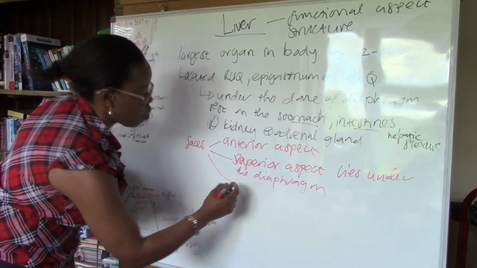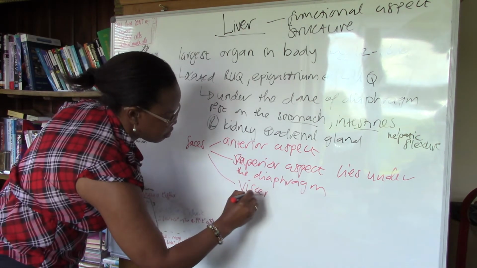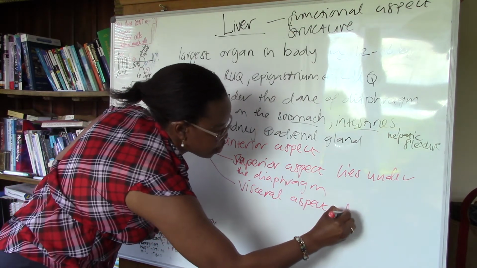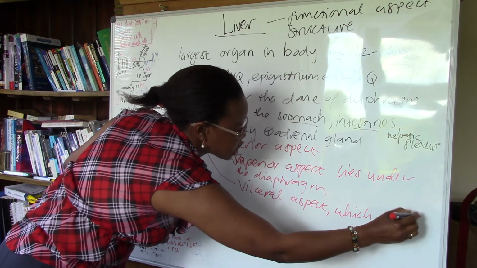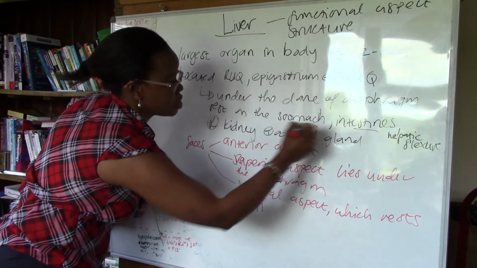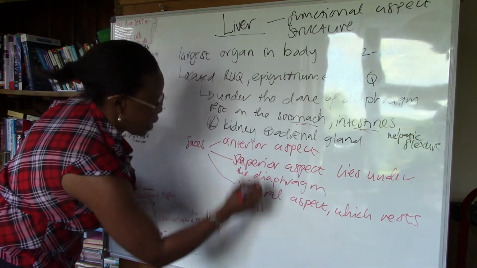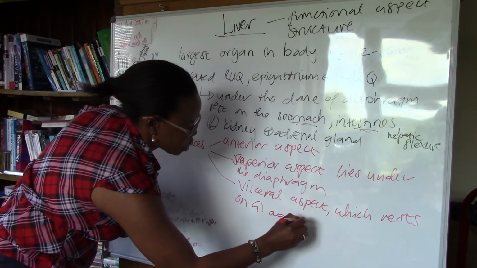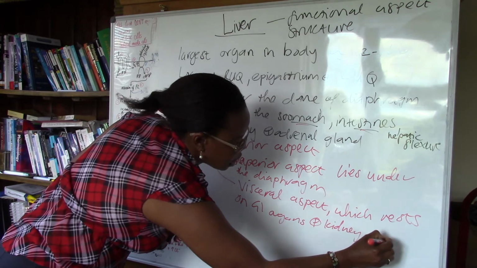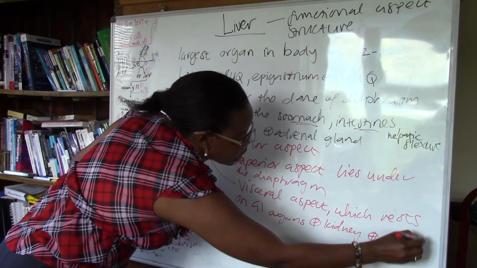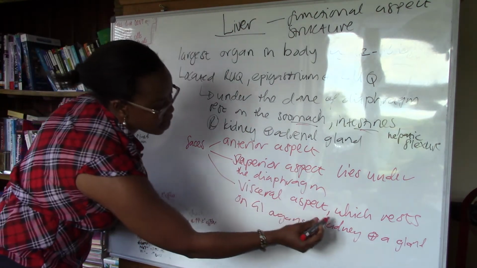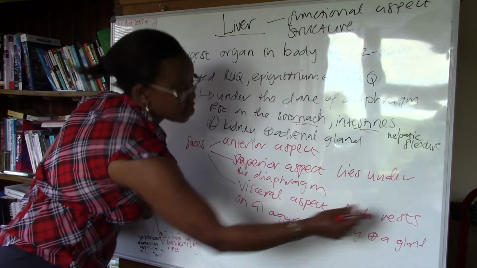And then, important, it has a visceral aspect, which rests on the GI organs, the stomach, the intestines, and the kidney and adrenal gland. So again, on the visceral aspect, it has the impressions of the organs that it rests on.